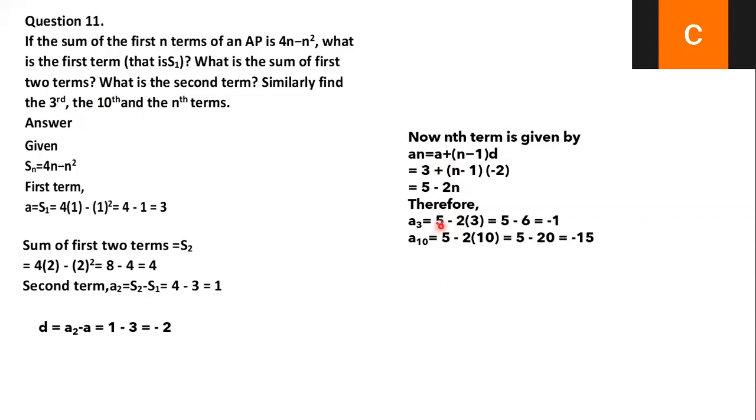So here A value 5. D value minus 2 means minus 2 into 3 here. N value 3. It is minus 1. Same thing, children, we are getting A value and D value. Here nth term of an AP you need to find. Third term is A plus 2D. 10th term is A plus 9D. Minus 45.